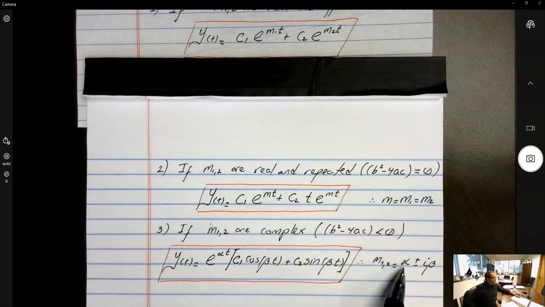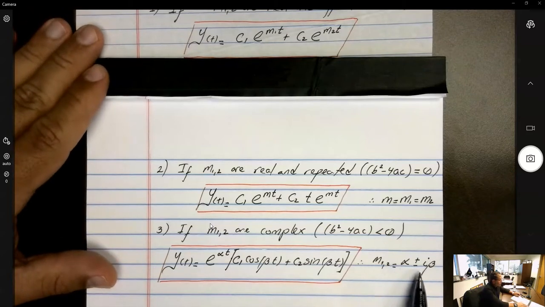Alpha is the real part of the complex number. Beta is the imaginary part of the complex number. And they come in complex pairs, essentially the real part plus minus the imaginary part, always. So if that's the case, this is how the solution looks. And you can see what happens when alpha is equal to 0.